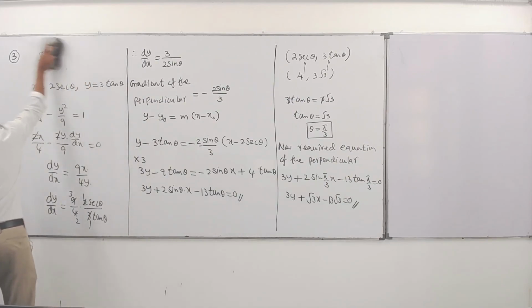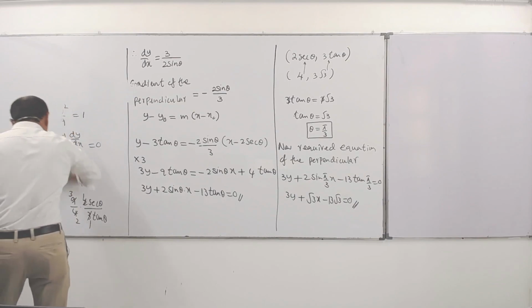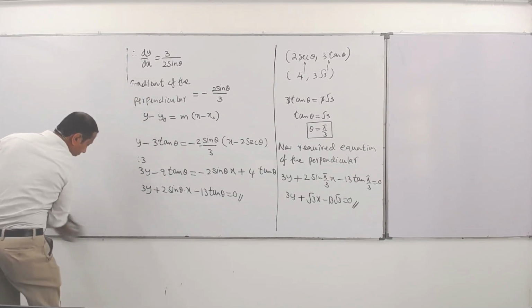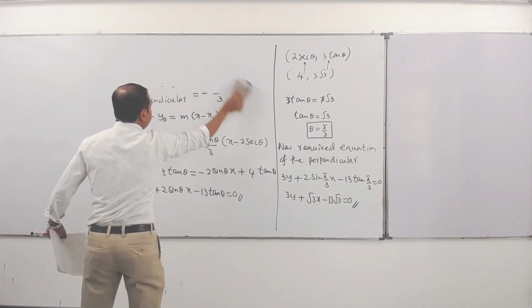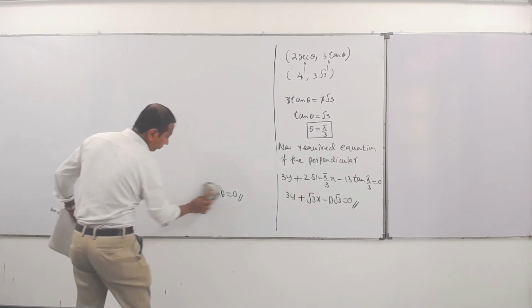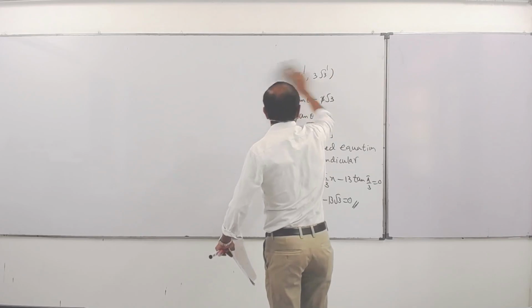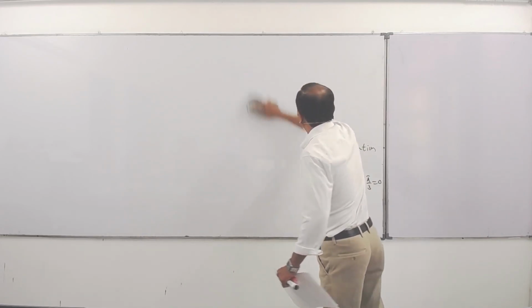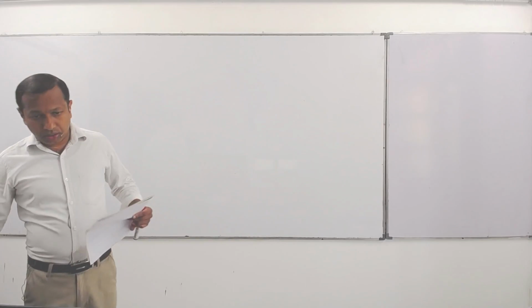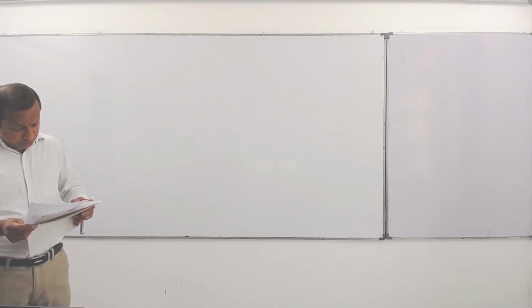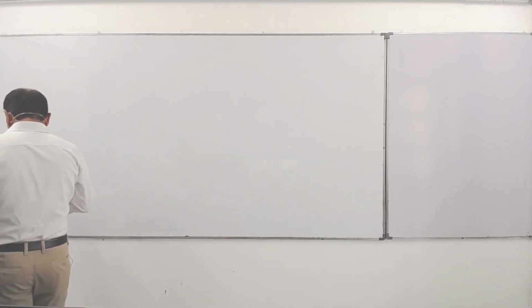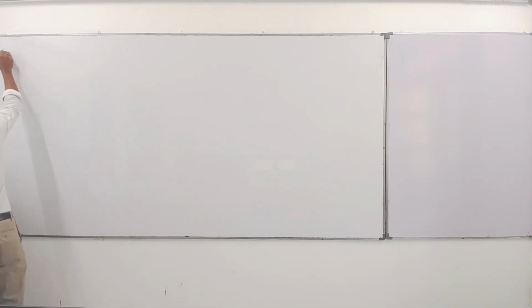Number 4 next. Fourth one. Question number 4 says the line L with gradient 3 passes through the point A(2, 1).